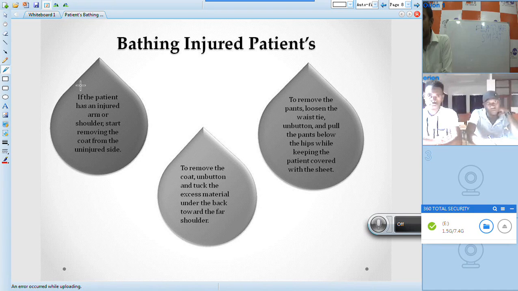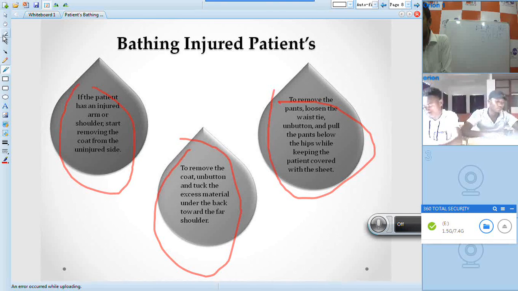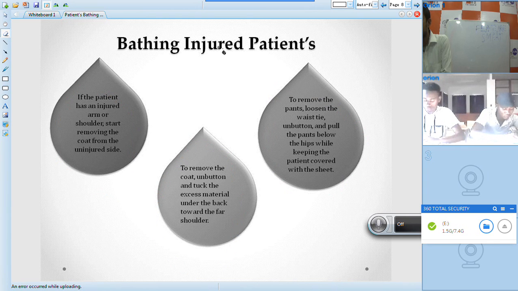Then these are the points for giving a bath to an injured patient. You need to write down, note down all these points. In case the patient is injured in the arm or shoulder, start removing the coat from the injured side.